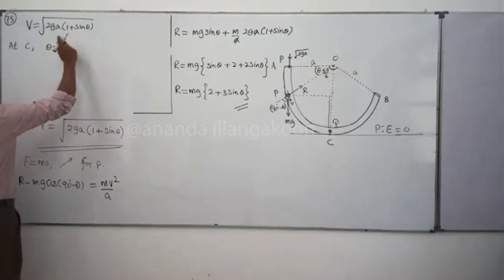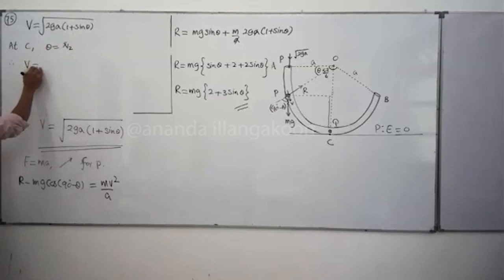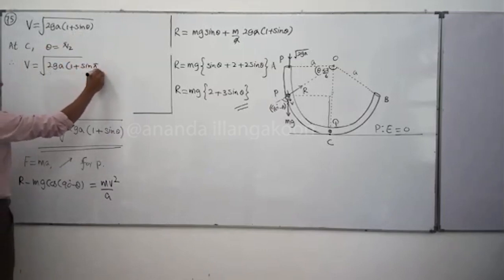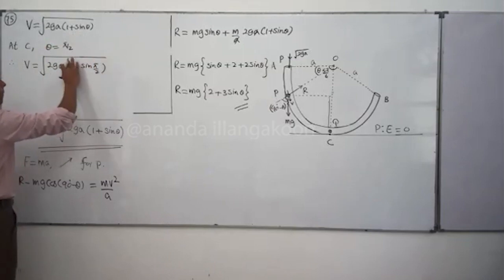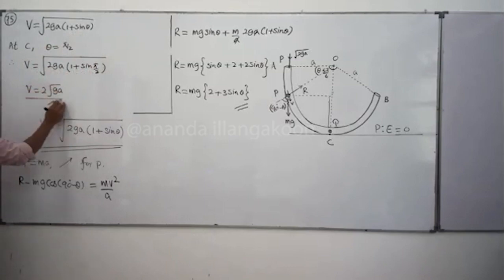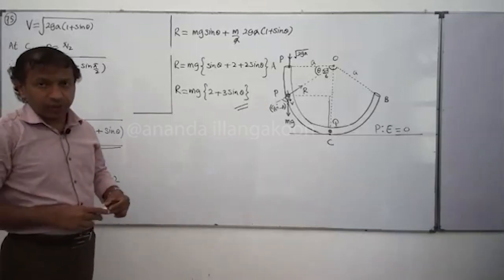Therefore V equals the square root of 2GA(1 plus sine pi by 2). Sine pi by 2 is 1, 1 plus 1 is 2, and 2 and 2 make 4. Root 4 is 2. So 2 root GA is the velocity of the particle P reaching the point C.